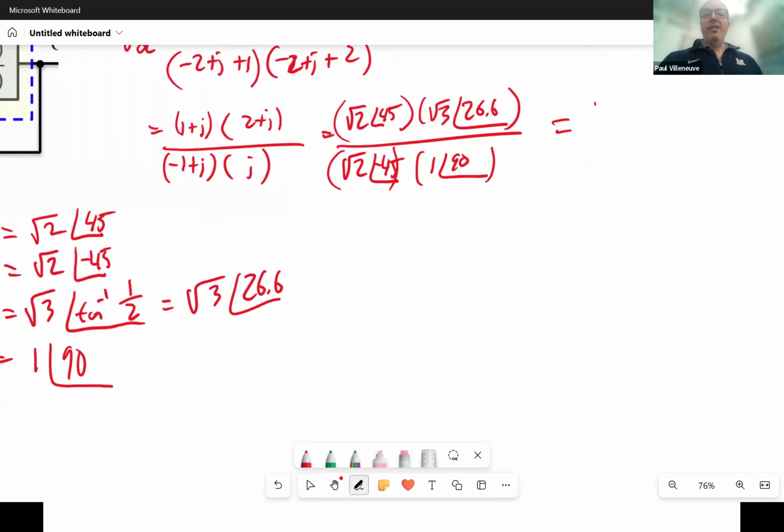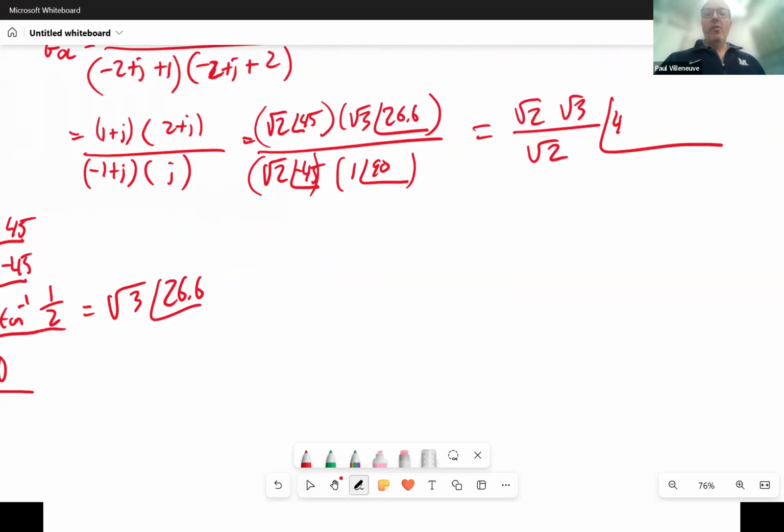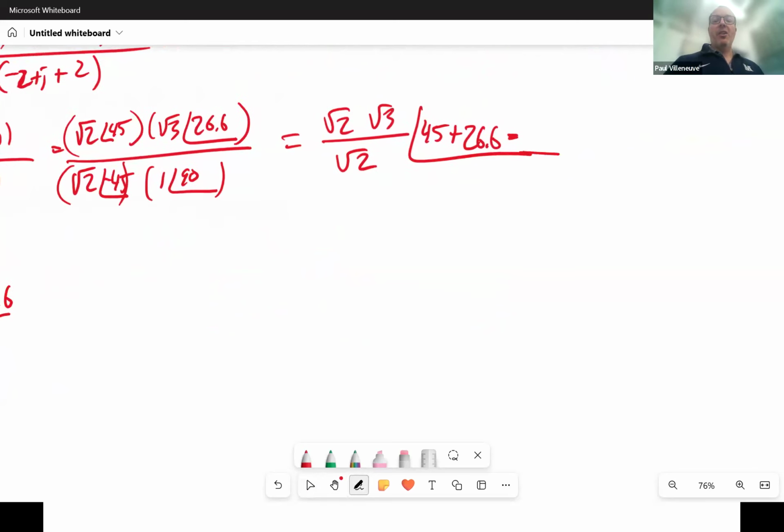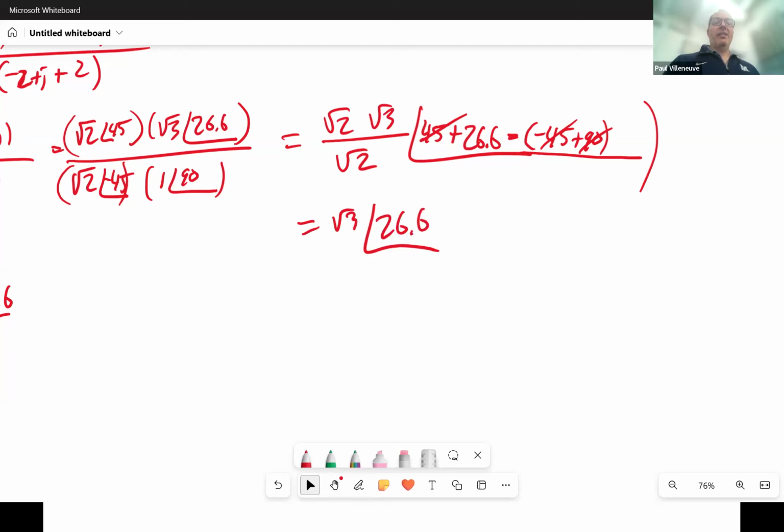So what I end up with, square root of 2 times square root of 3 over the square root of 2 times 1, and the angle is 45 plus, because I'm multiplying those together, 26.6 minus, and I'm going to put these all in parentheses, -45 plus 90 degrees. Cancels with those two, right? So 45 plus 45 is 90, minus 90 is 0. So we end up with a square root of 3 at an angle of 26.6 degrees.